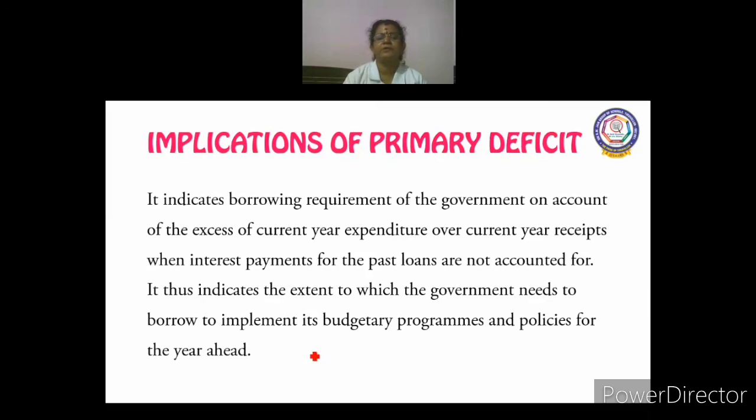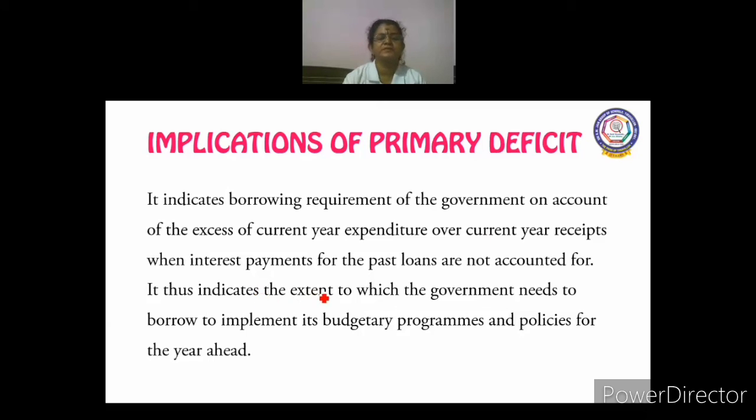Implications of primary deficit. It indicates borrowing requirement of the government on account of the excess of current year expenditure over current year receipts when interest payments for the past loans are not accounted for. So we calculate primary deficit from fiscal deficit. When we subtract interest payment, we arrive at primary deficit.